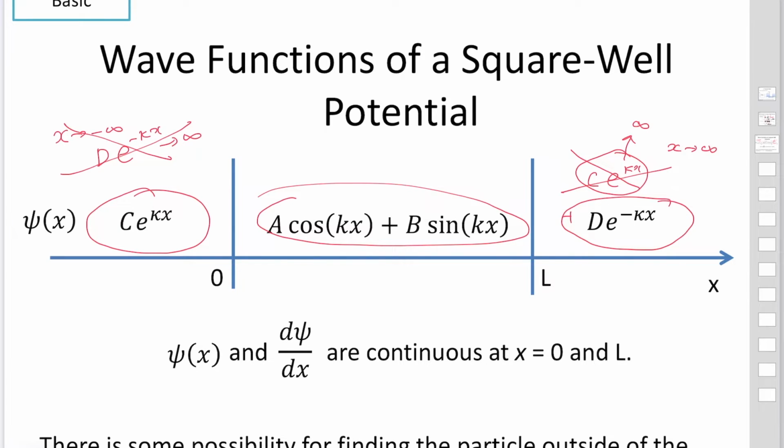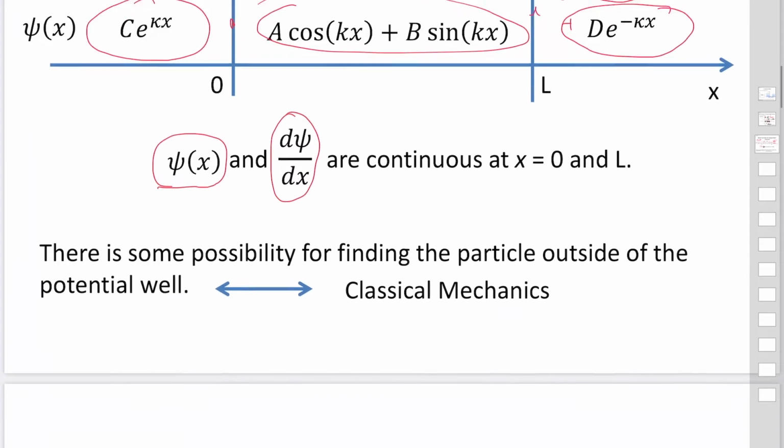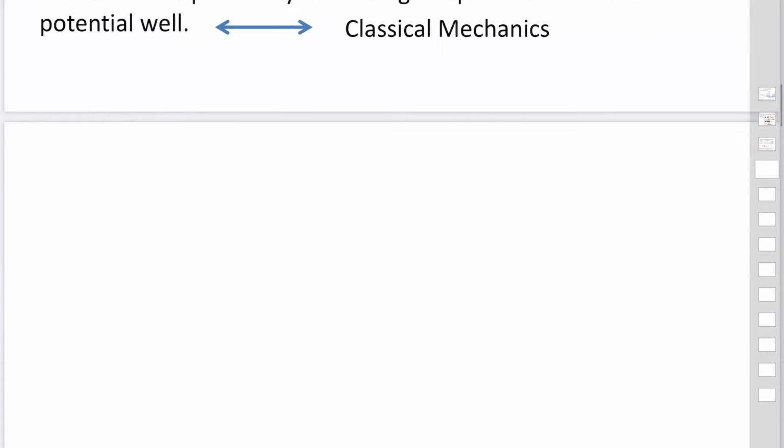Then we apply the boundary conditions. Psi and the derivative of the psi are continuous at x equals 0 and x equals L. So these two have to be the same values. Then I can show you the solutions.